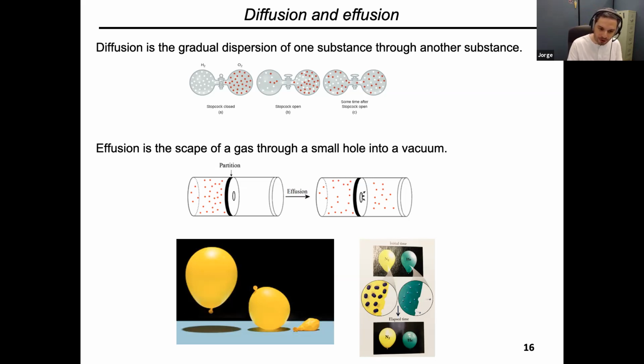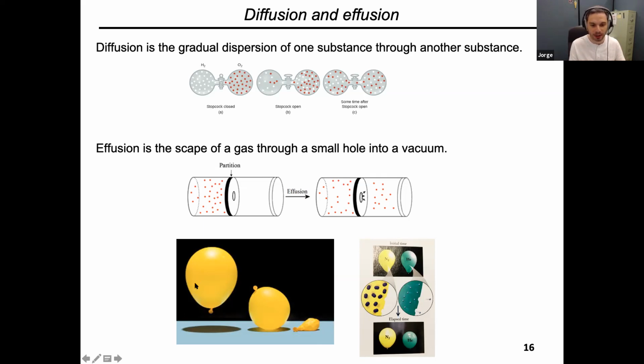Effusion is what explains why a balloon filled with a gas decreases in volume as a function of time.